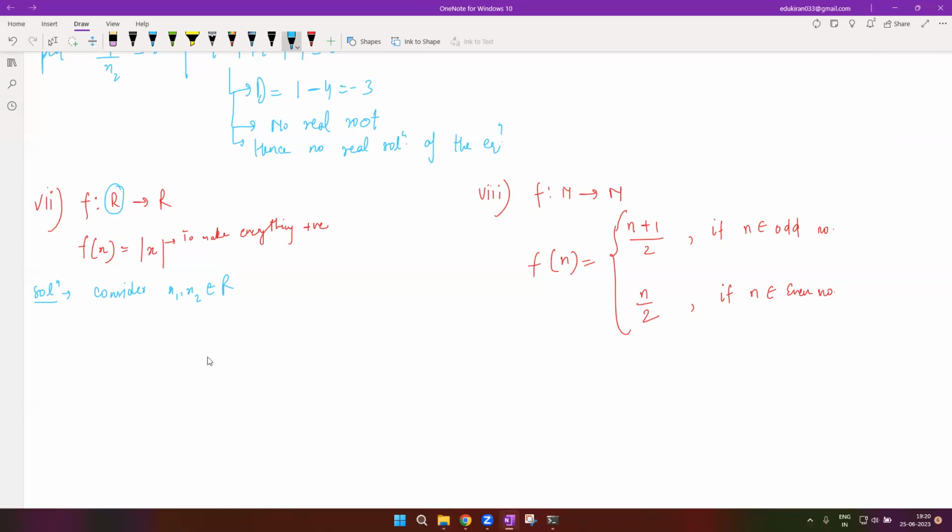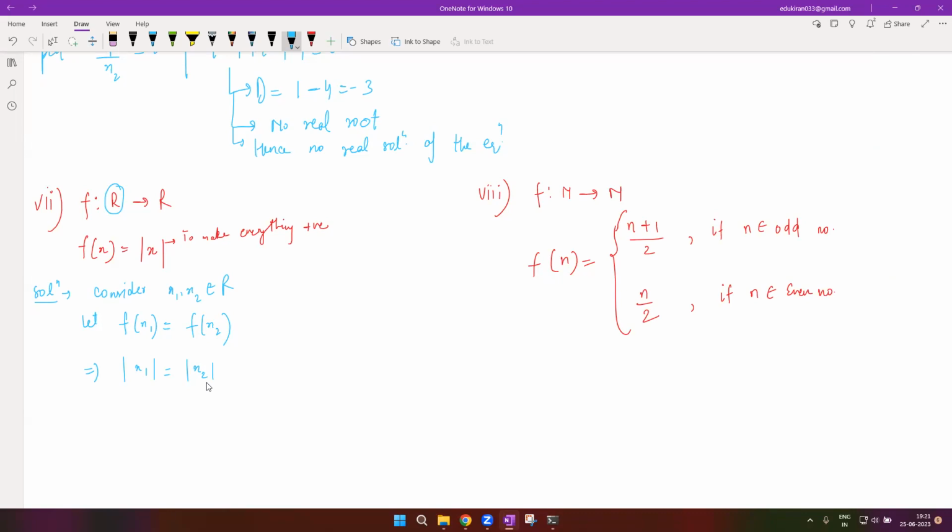So consider x1 and x2, which belong to the domain, which is basically R. Now let's assume that f(x1) is equal to f(x2), which means that mod of x1 is equal to mod of x2. Mod of x1 is equal to mod of x2, right?